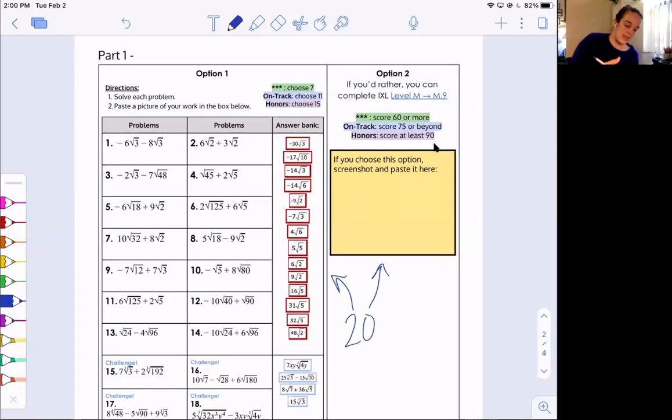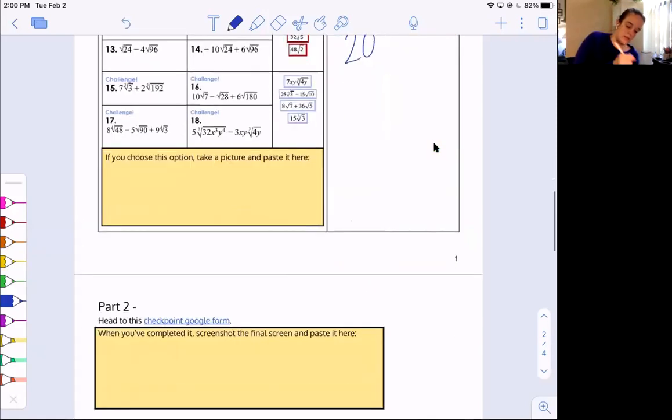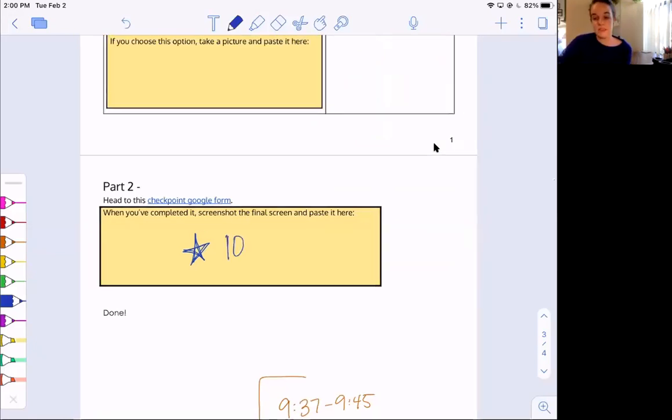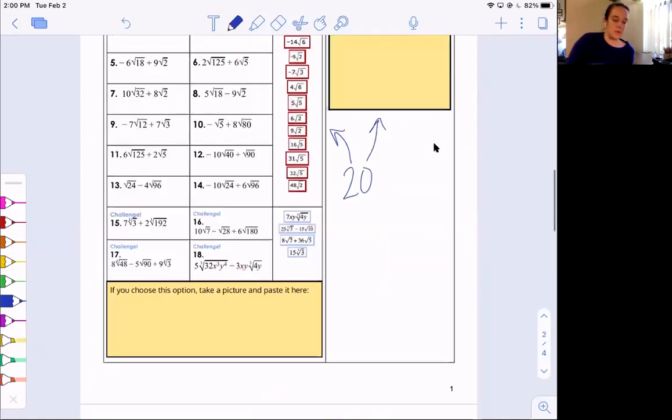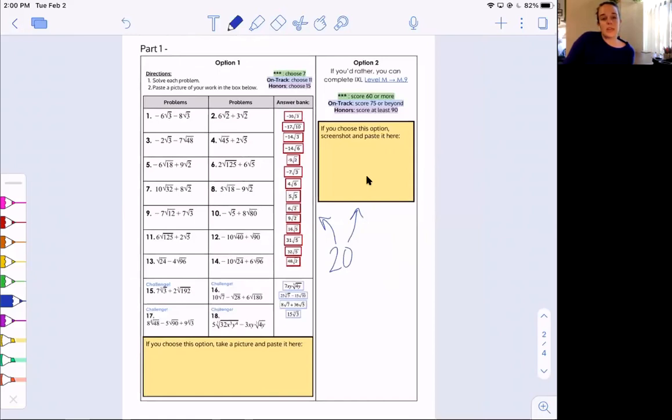Then down here, you have your checkpoint form. Your checkpoint form is also worth 10 points. That's the mini Google form. If you would like extra credit today, you're more than welcome to do both options. Some people say, oh, miss, I'm going to do all of option 1 and then some of the IXL.